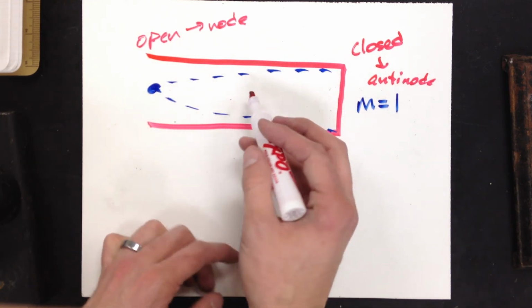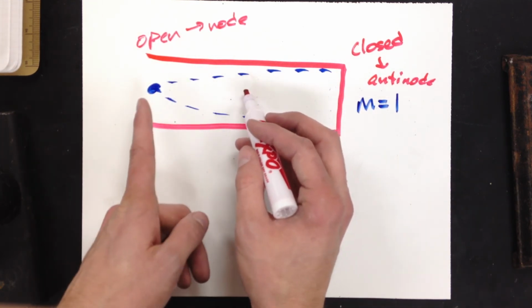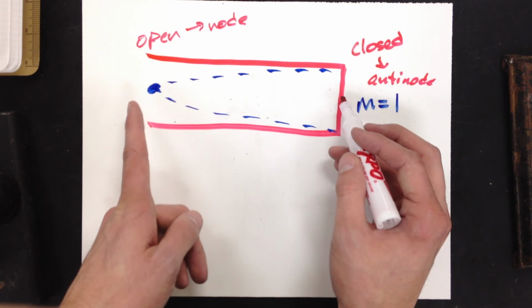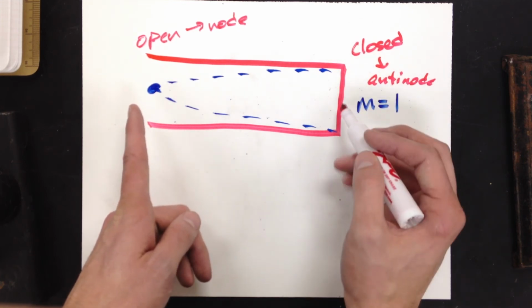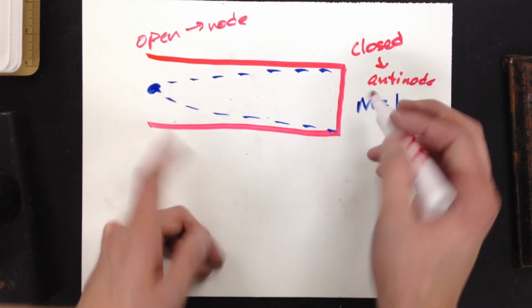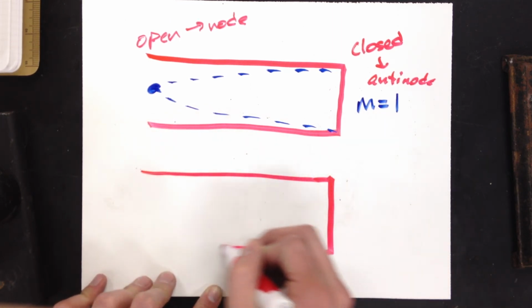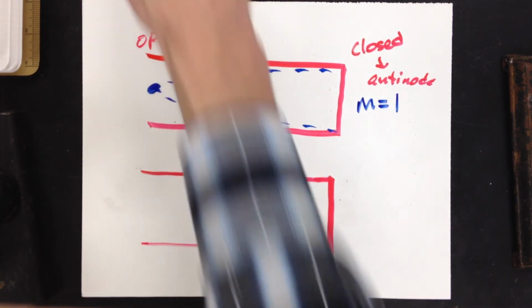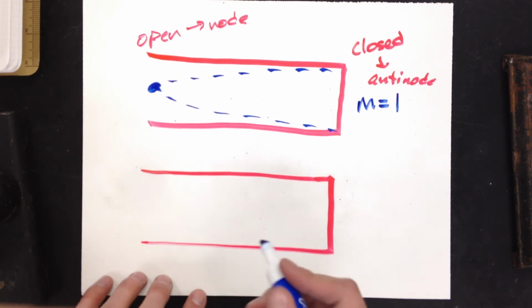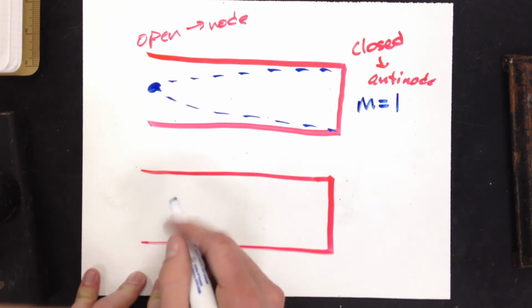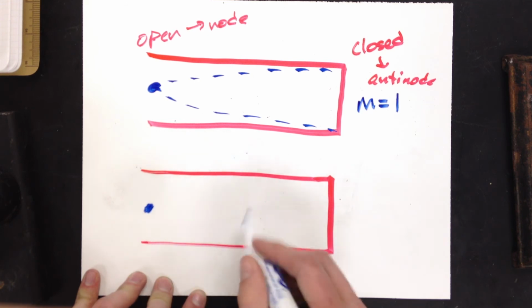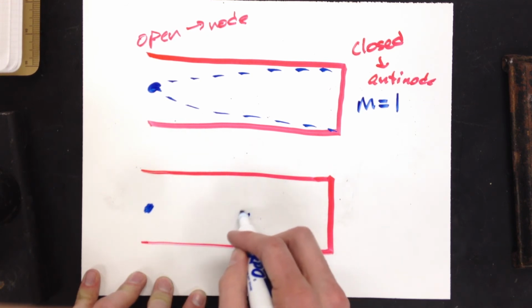So if I tried to put a node here with this distance apart, well, that would mean I'd need a node here. But this is a closed end, which means I can't have a node there. So we have to skip the second harmonic and go to the third harmonic, like so.